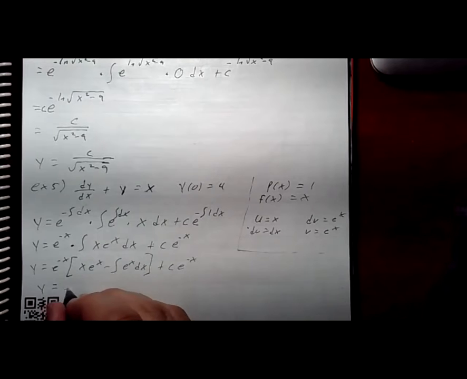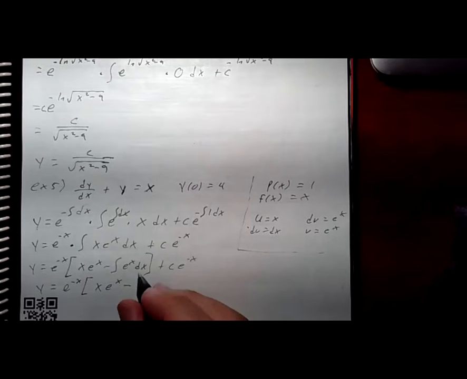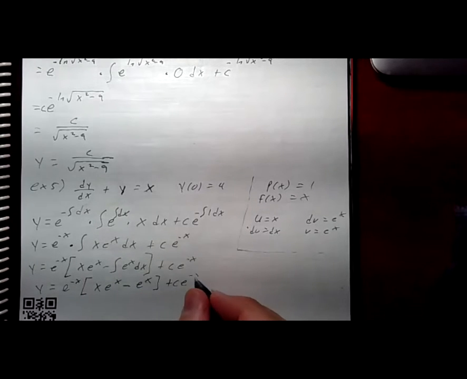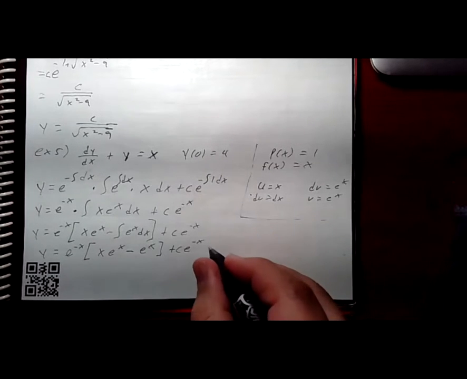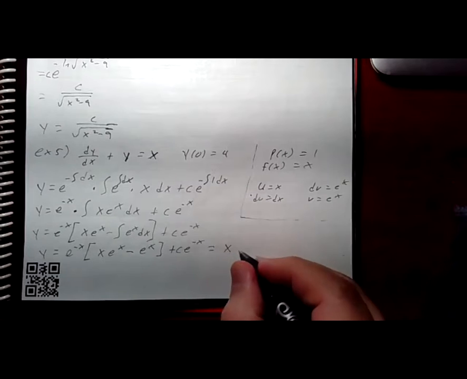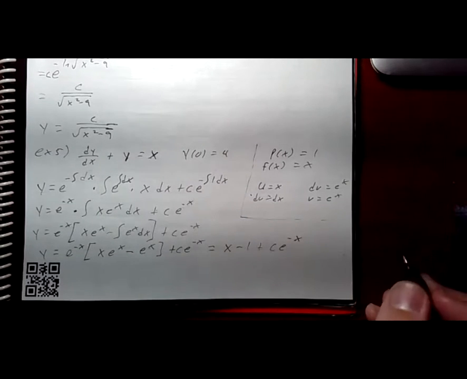So y will equal, once you integrate this, well, no, just show the step. That's fine. x e^x minus the integral, which is itself, plus c e to the negative x. All right, this is going to cancel most of these terms, giving us just x minus 1 plus c e to the negative x.